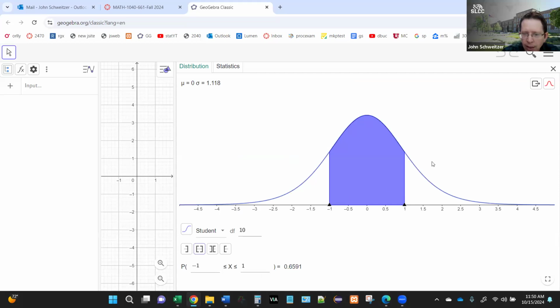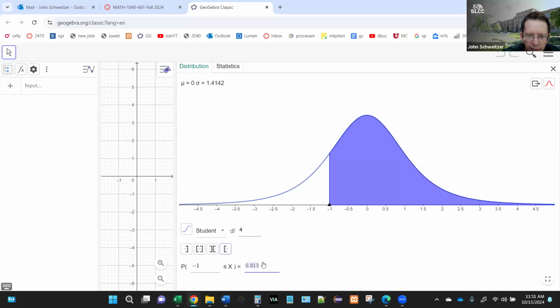And so again, you can see it looks bell-shaped. Maybe you can tell that it is a little bit thicker over here in the tails. Anyway, so once you're in the student t-distribution, then you put in the degrees of freedom. And for this example, there were 4. And we said we're trying to find the critical t-score such that 5% of the distribution is above it.